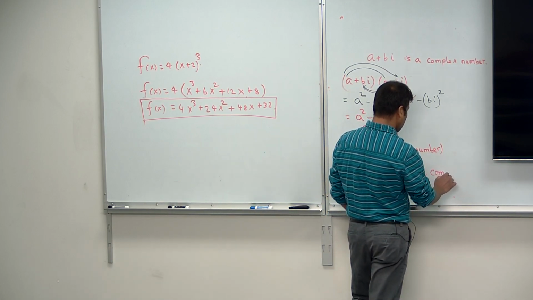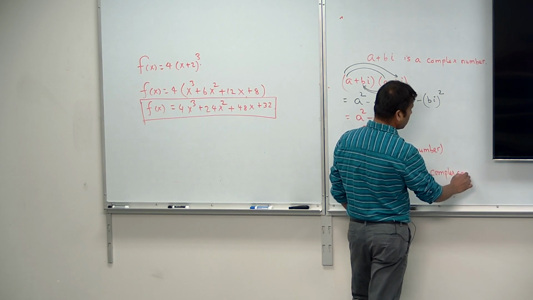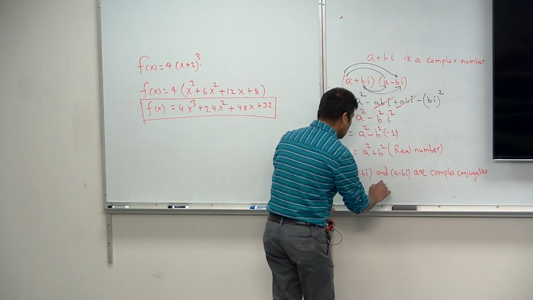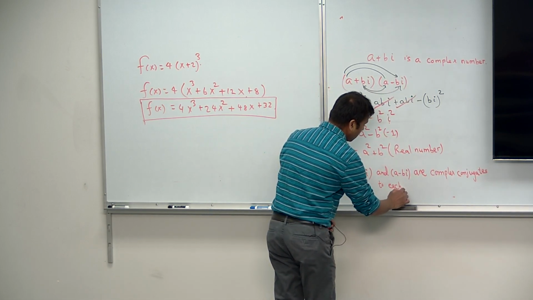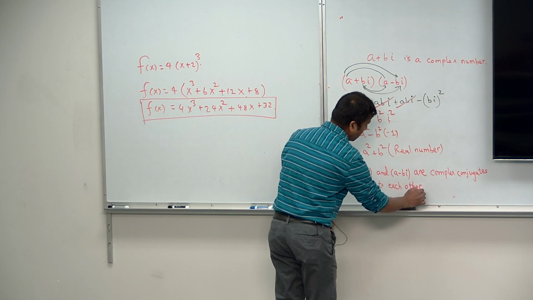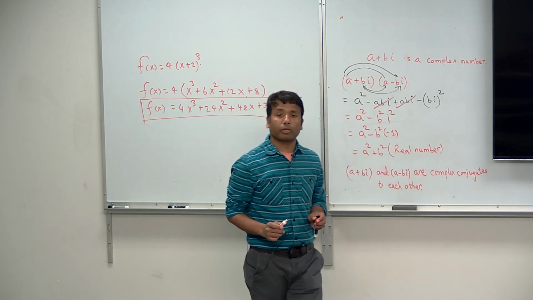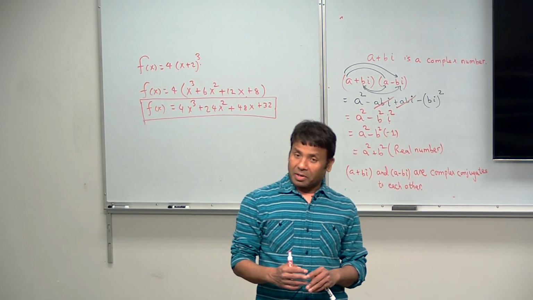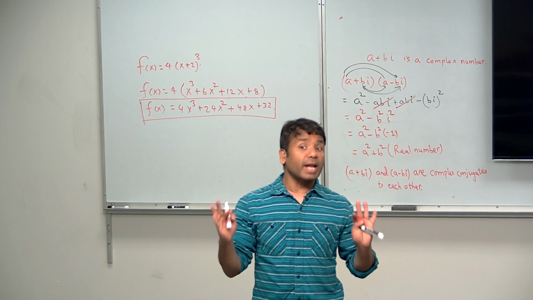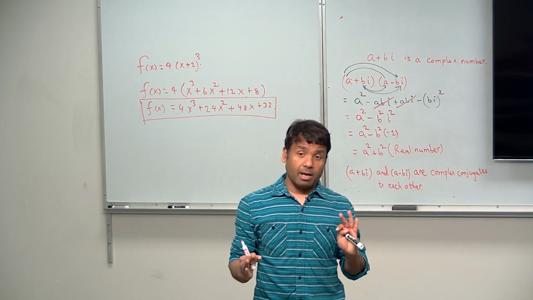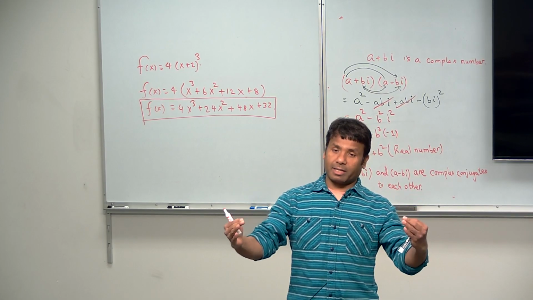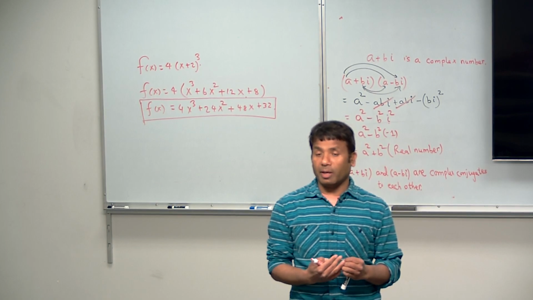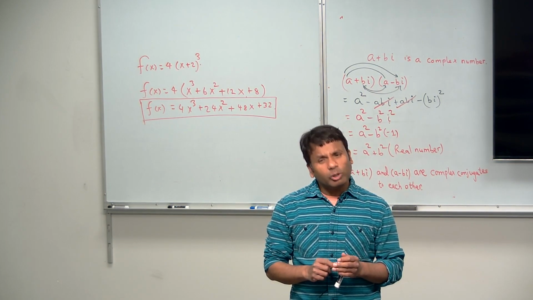Now, if a plus bi is a zero of polynomial function f of x, then the complex conjugate a minus bi is also a zero of the polynomial function. You see what I'm talking about?